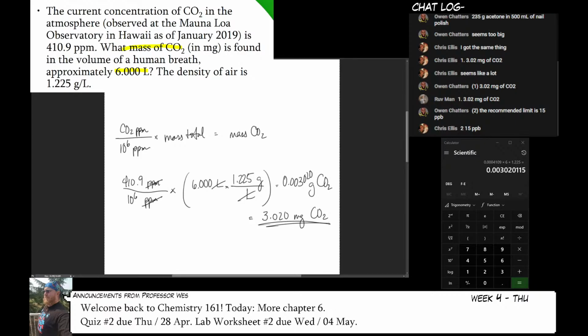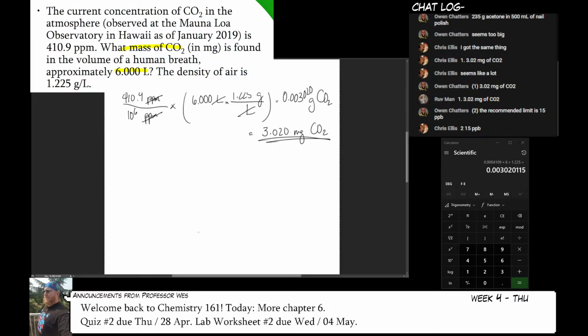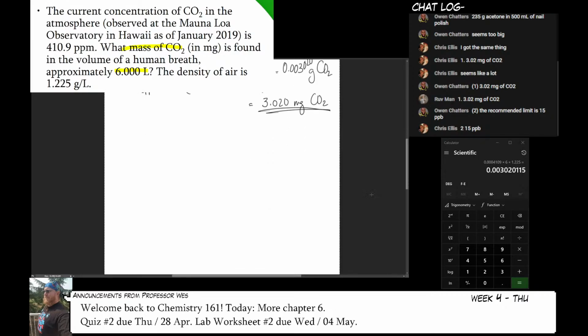But considering the rate at which we are increasing the amount of CO2 and the rate at which it is not being removed from the atmosphere, this can be problematic to the environment, and we should be concerned about it and consider things that we can do to alleviate the stress on our ecosystems.